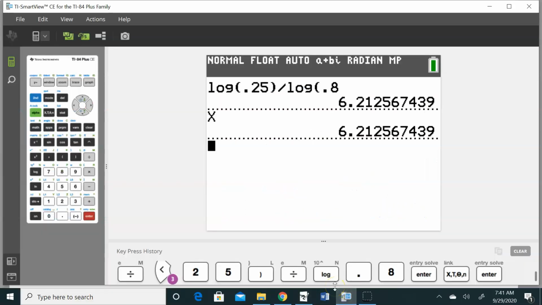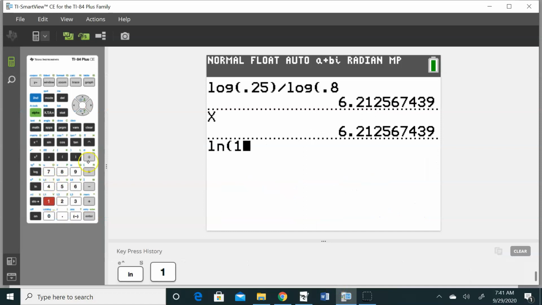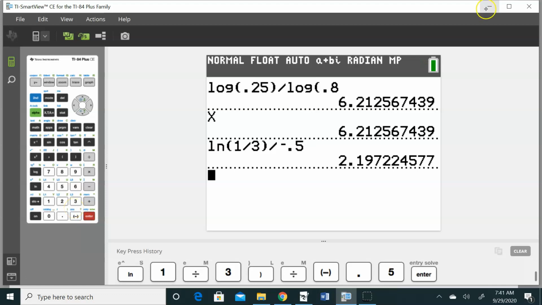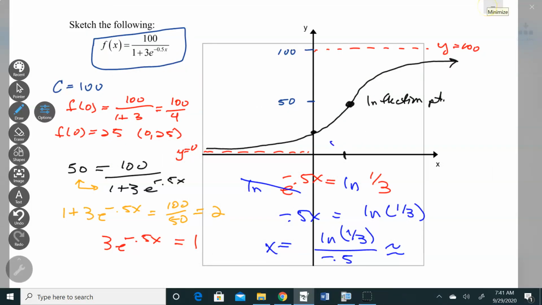Here's my calculator. ln of 1 divided by 3, divided by negative 0.5. I get about 2.2. So I get x is about 2.2.